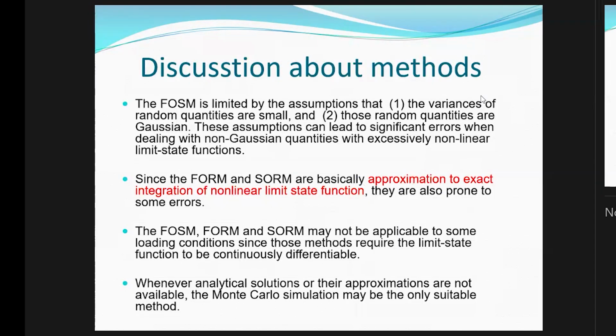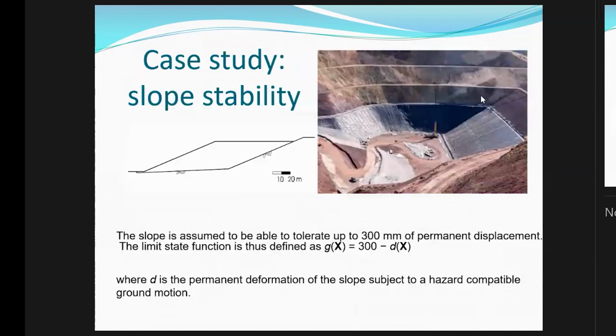And generally, whenever our limit state function is not good to apply, the Monte Carlo simulation can be a good replacement, but we need to select wisely the number of simulations we need to perform.